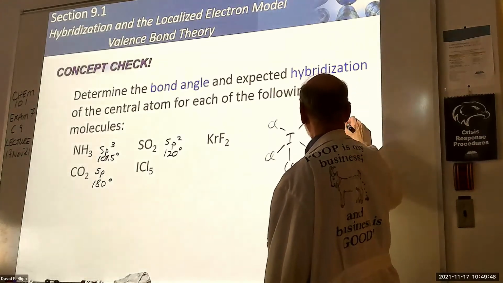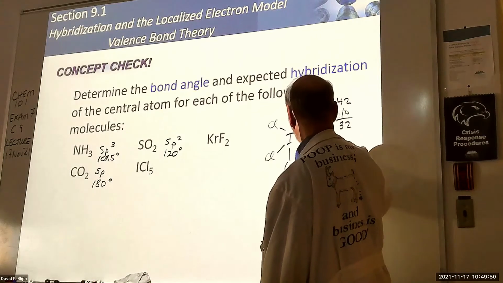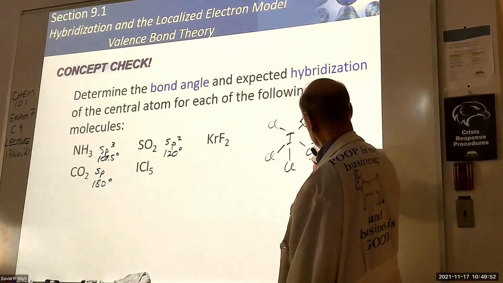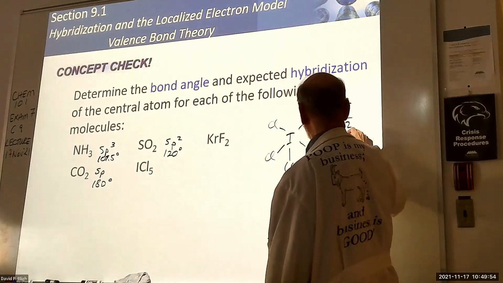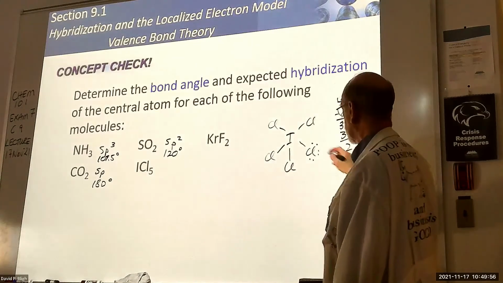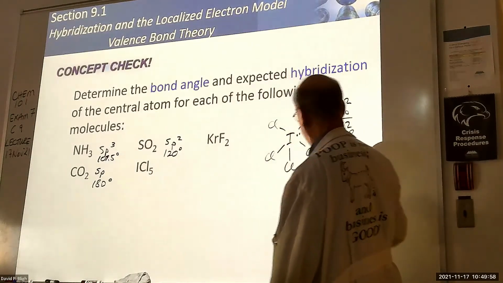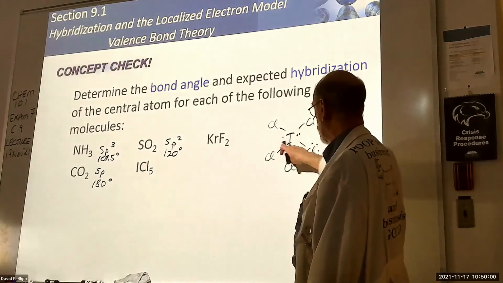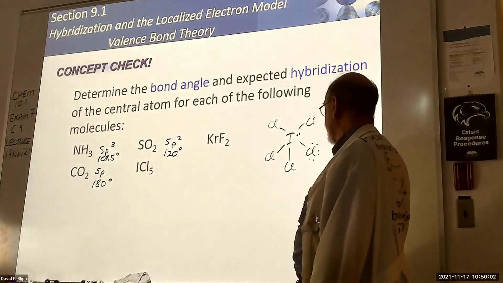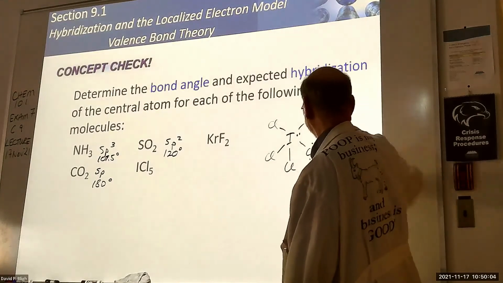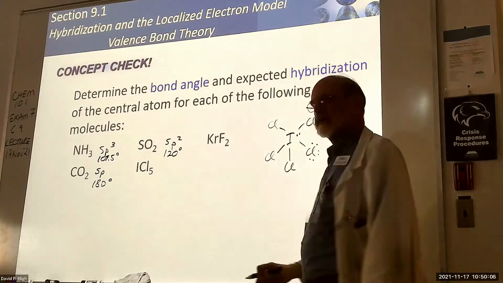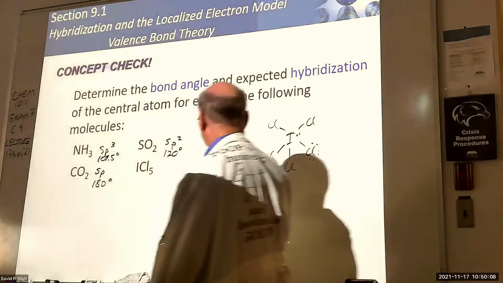We have 32. 6, that's 30. So we have 2 electrons that have to go in here. So we have 1, 2, 3, 4, 5, 6. So this is octahedral. So octahedral means d2sp3.